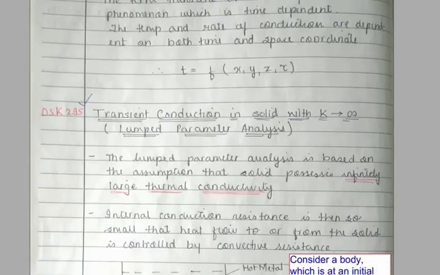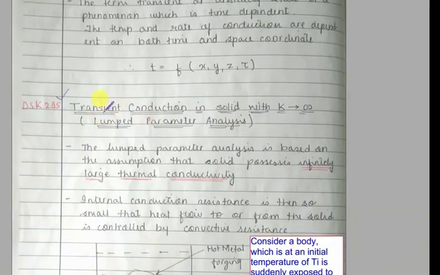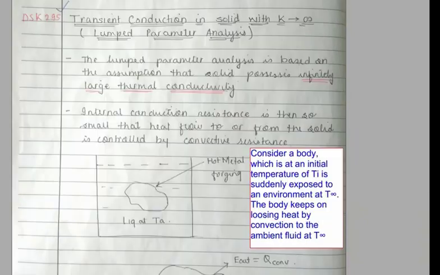Today we will focus on transient conduction in a solid with K tending to infinity. I will read out what is written here. The lump parameter analysis is based on the assumption that the solid possesses infinitely large thermal conductivity. This is the assumption made in the transient heat conduction equation.